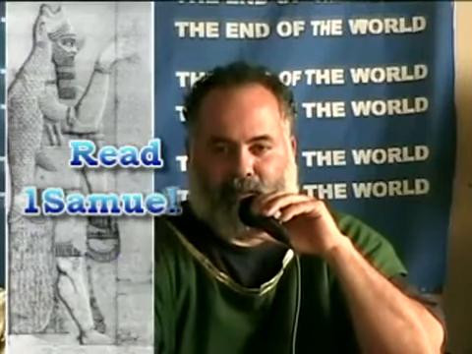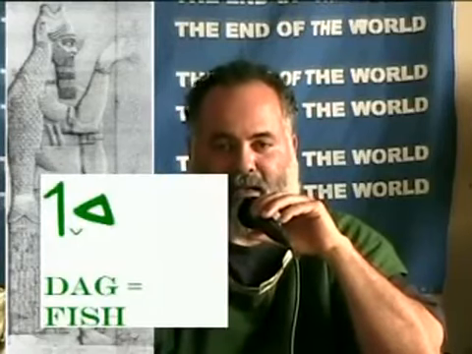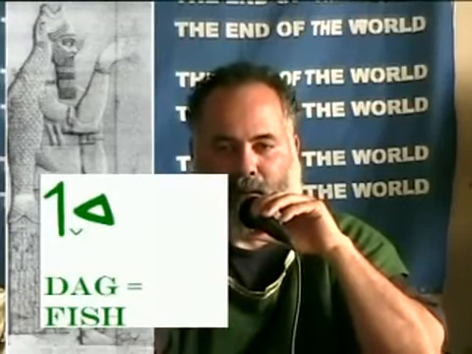Dagon. Because the word Dagon or dag means fish, and that's where they got that whole worship. That's why the Most High said, look, don't worship anything that's in the heavens above, don't worship anything that's in the earth beneath, don't worship anything that's in the waters, because that's what those nations were doing.